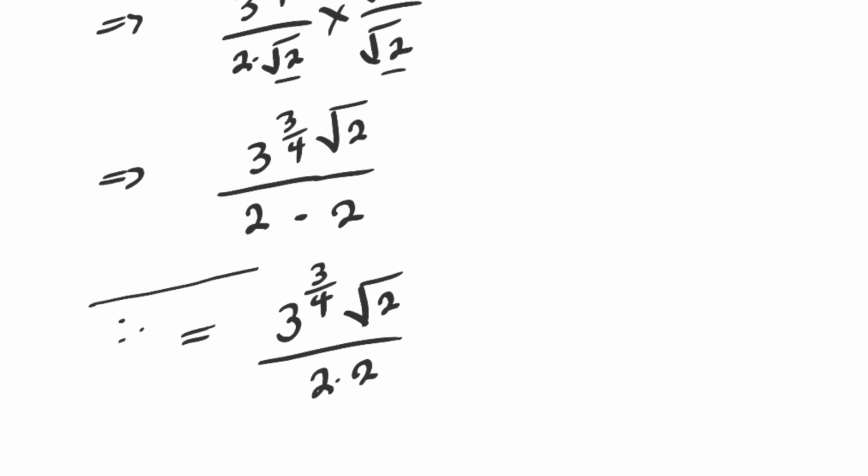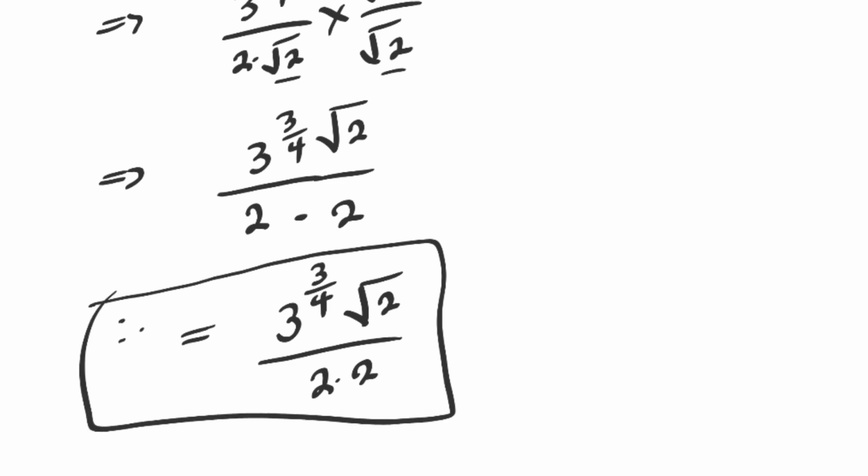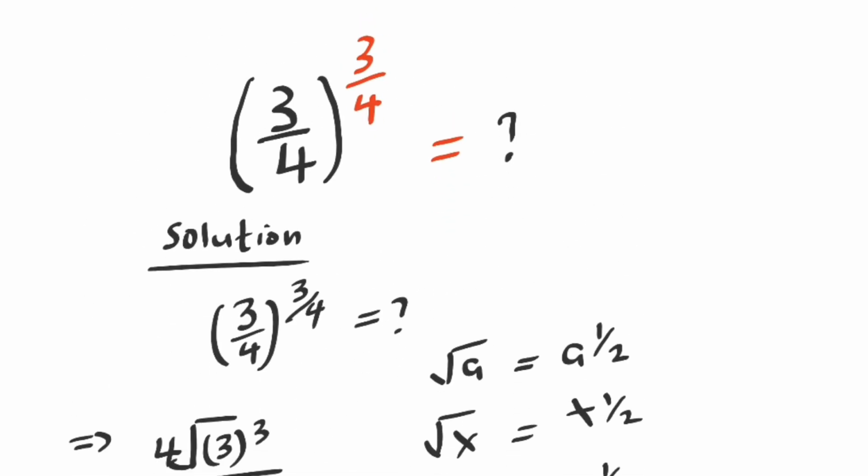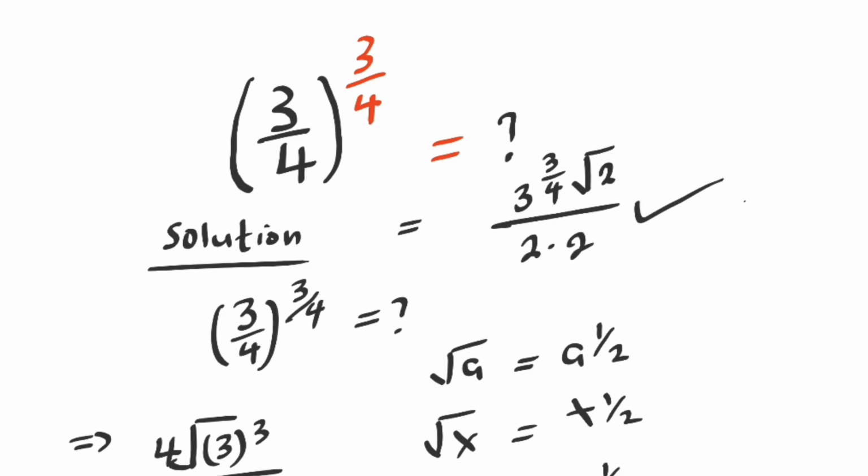And this is the final answer. Therefore, (3/4) raised to the power 3/4 is equal to 3 raised to the power 3/4 times root 2 over 2 multiplied by 2. This is the final answer.